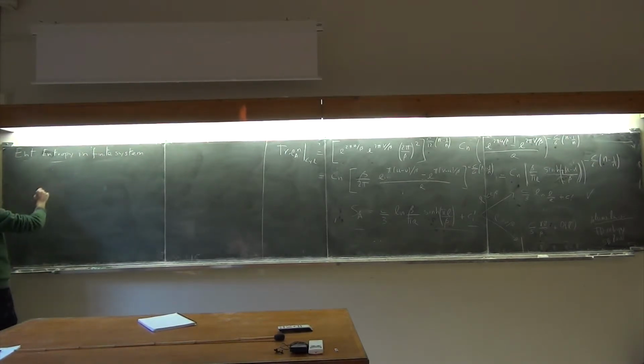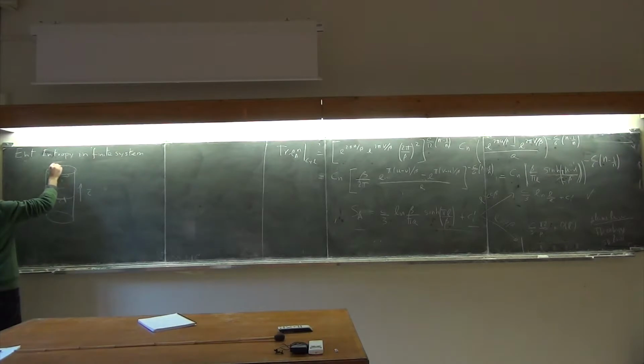That means now I have a periodic system. So this is space now, and this is imaginary time. It's a cylinder like before, but oriented in the other way. And I have temperature equal to 0, and I want to know the entanglement entropy of a finite region of length L, and the circumference of everything is big L.